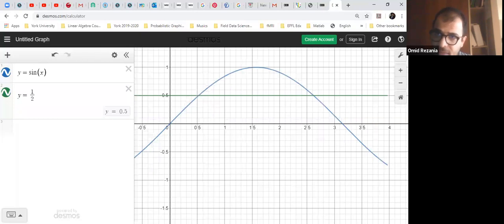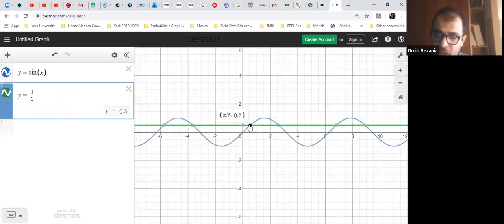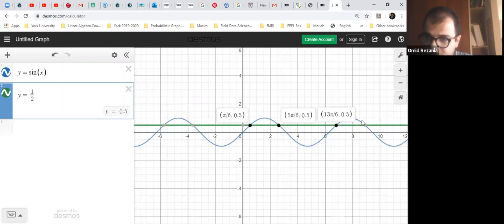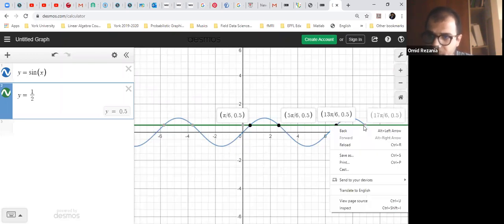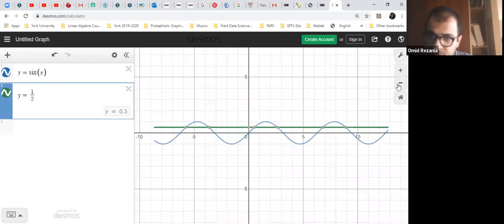And now let me do this. I have pi over 6, I have 5 pi over 6, I have 13 pi over 6, now I have 17 pi over 6. Now I can just zoom out.